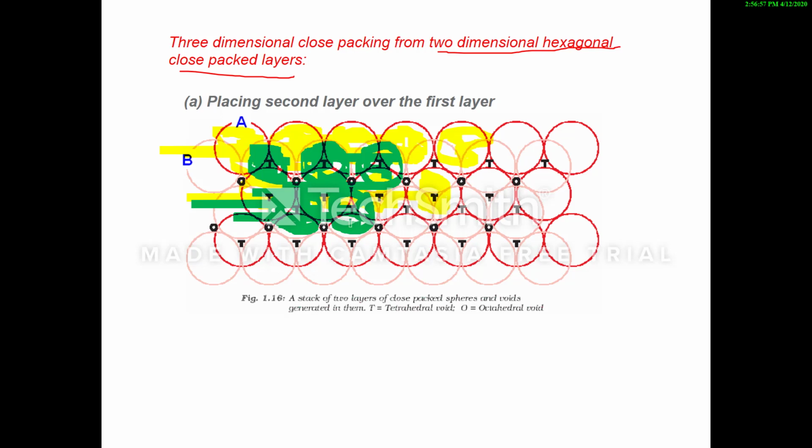So half of the triangular voids of the first layer are covered by the particles in the second layer.